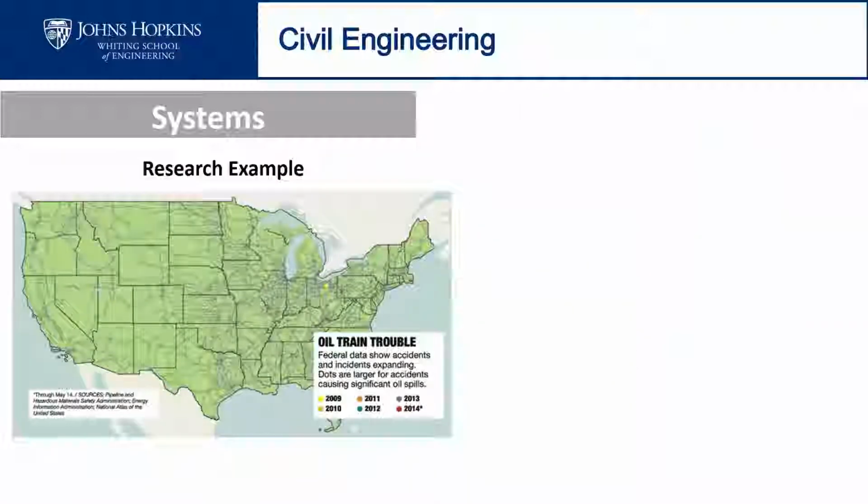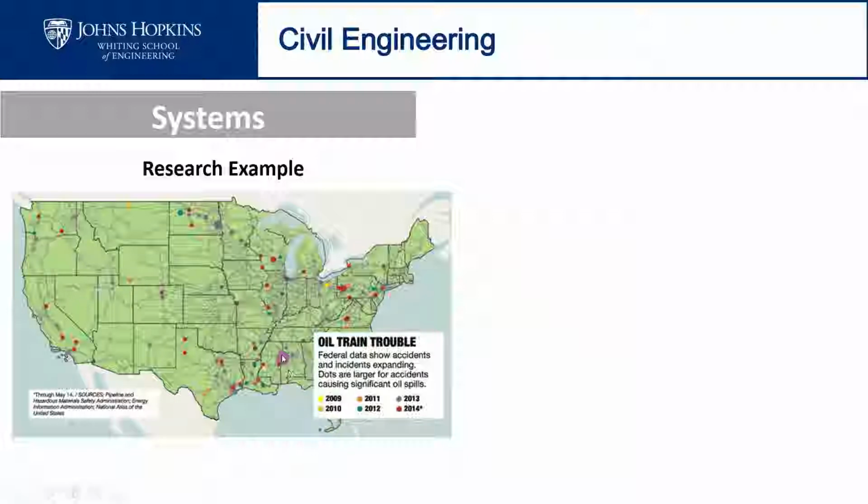I'll give you a little example of something we've done. What this graphic shows you is the number of accidents that happened from 2009 to 2014 for crude oil being carried on trains. What you'll notice is that as this graphic moves on, as the colors move on, it starts off very small in 2009, then grows in 2011, and then finally we see some incredibly huge accidents in 2013.